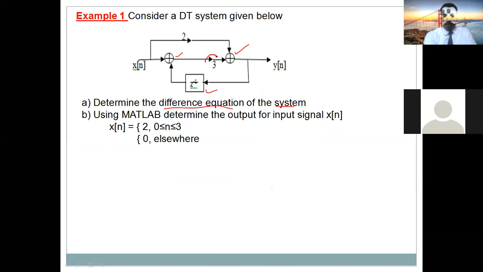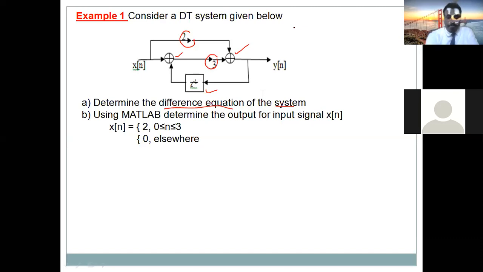Here we have a multiplier, and here another multiplier. Real digital devices have thousands of multipliers, thousands of memory units, and so on, but for simplicity, let's take a simple system. It's a discrete time system, that's why we don't have resistors or capacitors. It's made up of a multiplier, adder, and a memory unit.